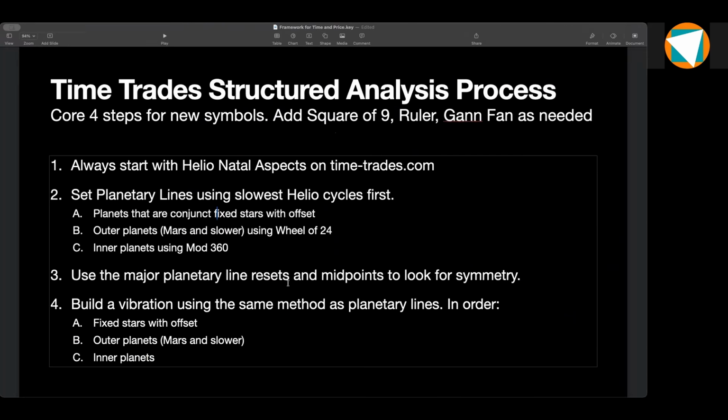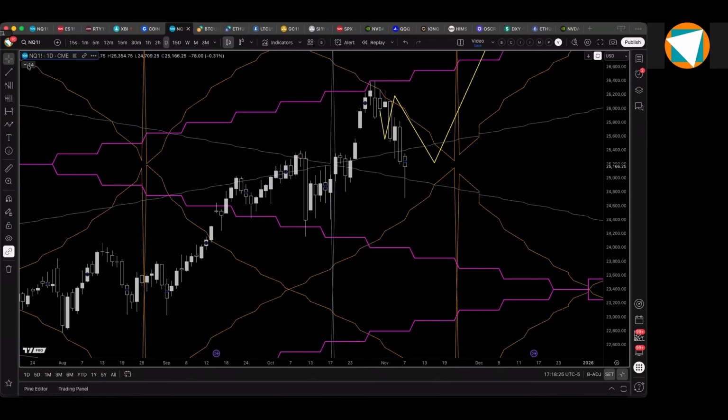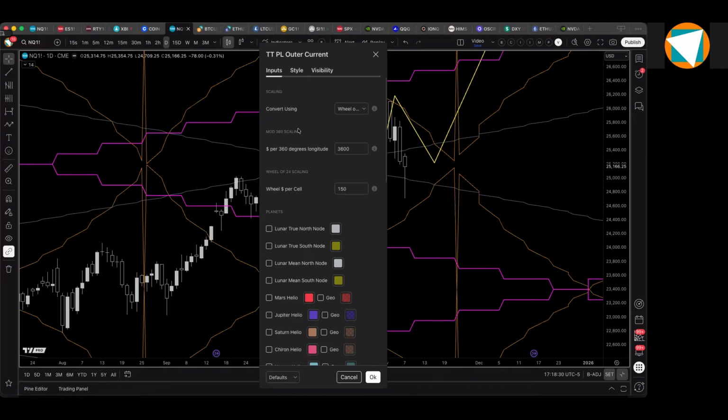So let's go back to our process. We've added planets that are conjunct fixed stars with an offset. Then we add the outer planets using wheel of 24. If we look at QQQ here, we have the planetary lines outer current using wheel of 24, and it's scaled using $150 per cell.